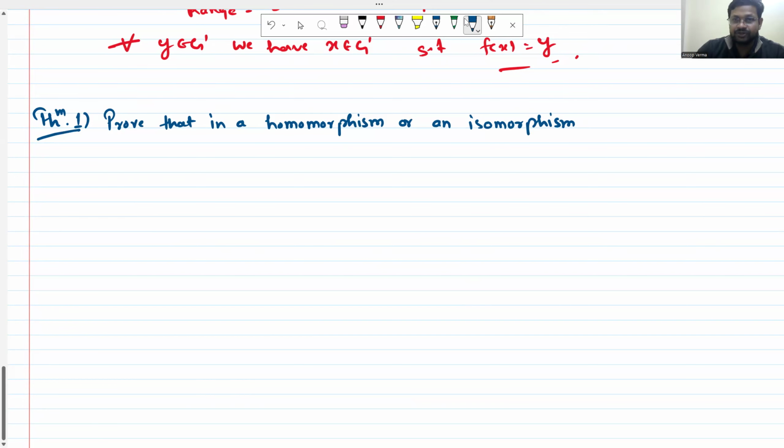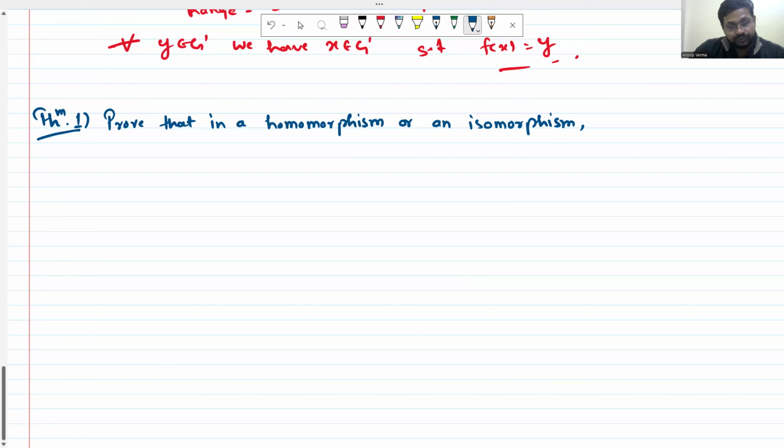ठीक। तो if the function is isomorphism, that it is okay, we can prove this result. So if it's true for homomorphism, it will be also true for isomorphism. Because in isomorphism, there are two properties more. Okay. So if something is true for homomorphism, it definitely true for isomorphism.